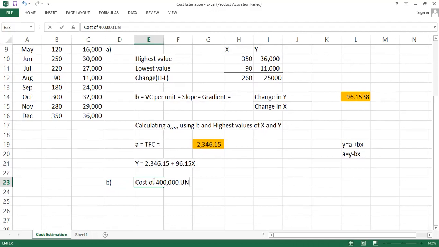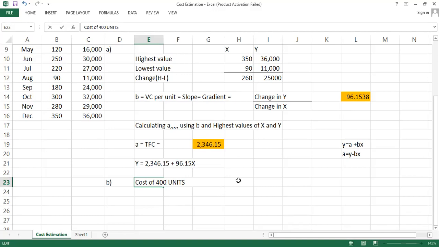It is as simple as putting in this equation which we have formed, making this x 400,000. Of course, because we have worked with the figures in thousands, you'll not work with 400,000 that way. You'll work with 400 so that the figures are in thousands.